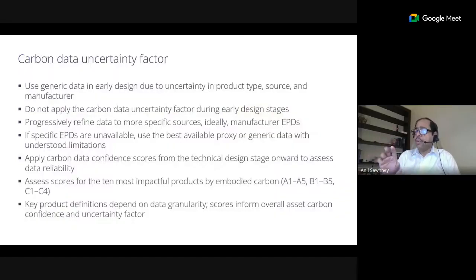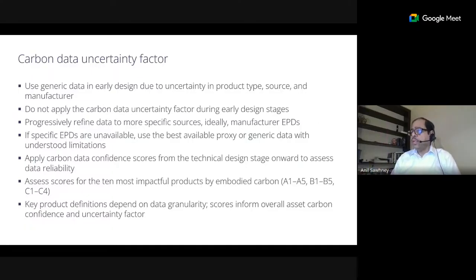So the second part, which is the carbon data uncertainty factor, is basically used to make sure that if you're using generic industry averages or some estimates of carbon factors from other locations, then you have a higher carbon data uncertainty factor.